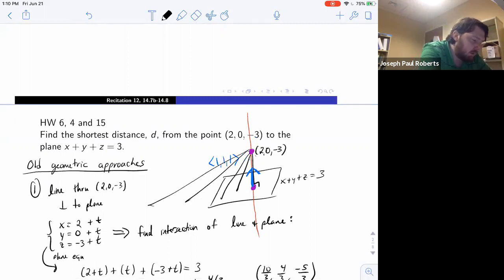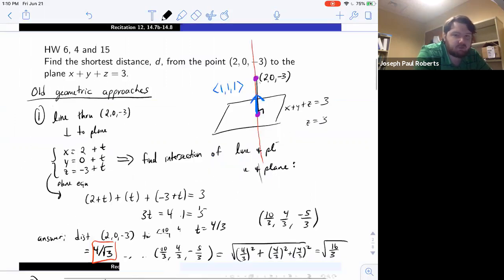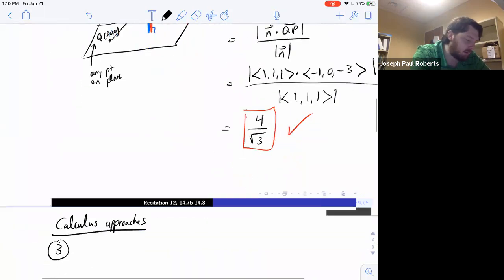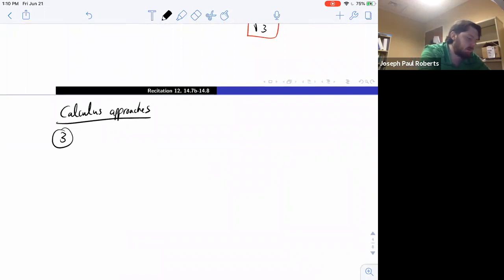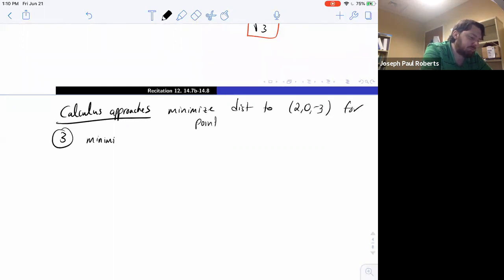So we're trying to minimize distance to (2, 0, -3), so that's how it becomes a calculus problem, minimizing distance. So we want to minimize distance to (2, 0, -3) for the points on the plane.